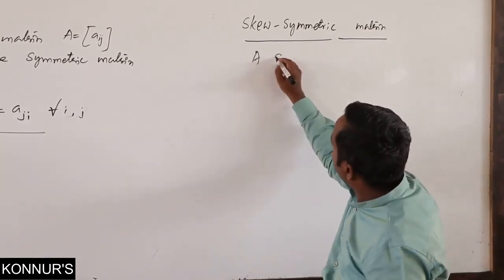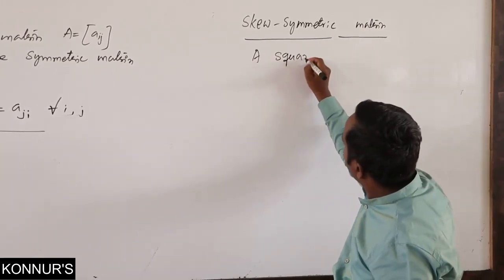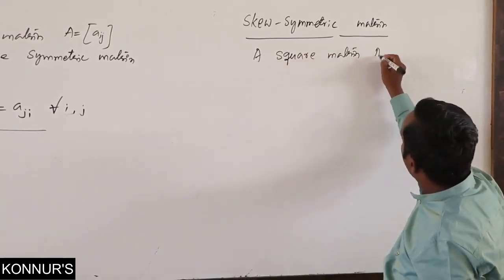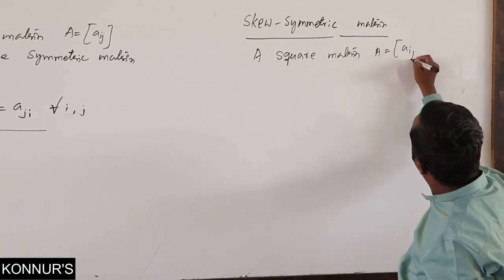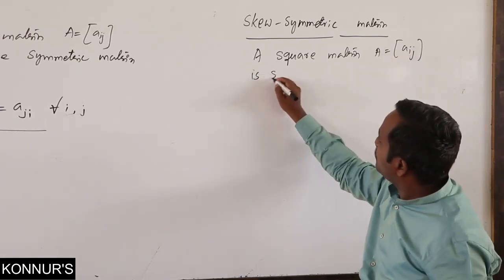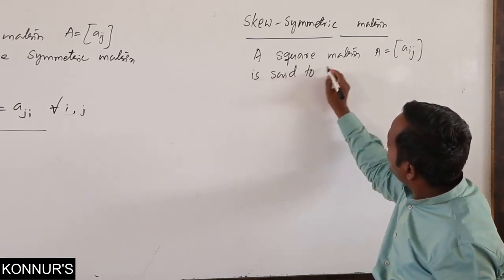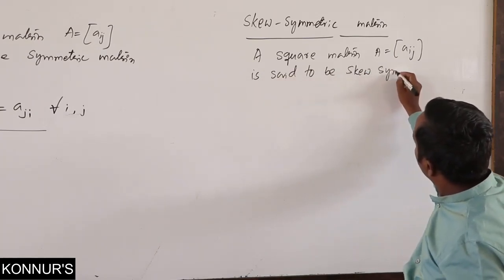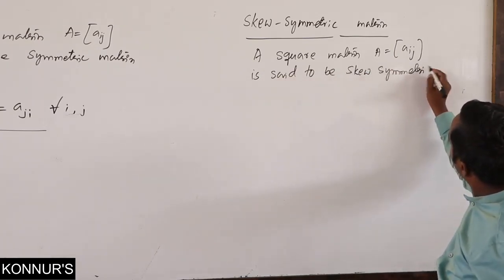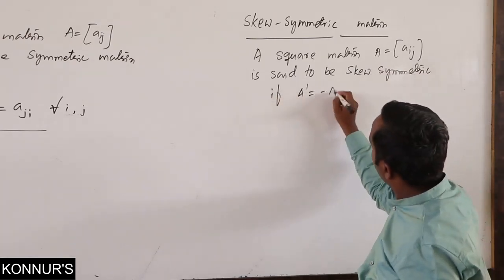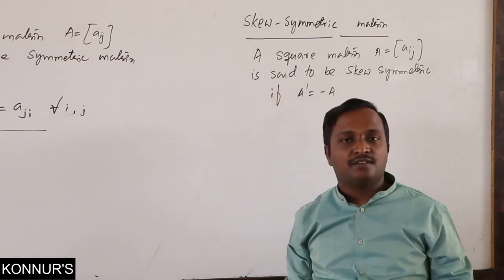A square matrix A equal to Aij is said to be skew symmetric if A dash is equal to minus A.